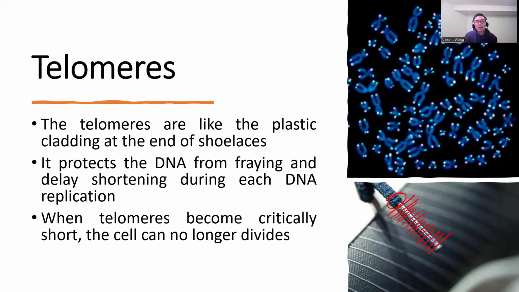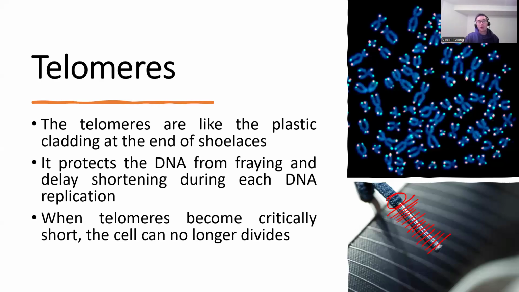It's not that we are stopping the DNA from getting shorter. It is still getting shorter every time we copy it, but the stuff that we lost from the shortening are not important things. Okay? When a cell has telomeres that have become way too short, we say it's critically short, then the cell is not allowed to divide again.